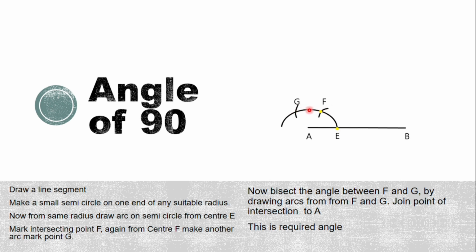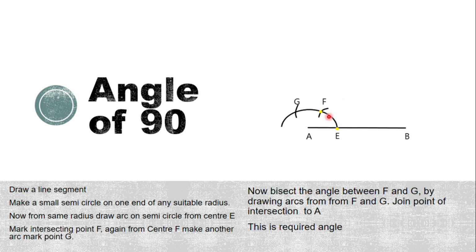The total angle here is 60, and if we bisect this angle, putting it into two parts, it will give us 30, and then we combine this 30 and this 60, it will give us a total of 90.